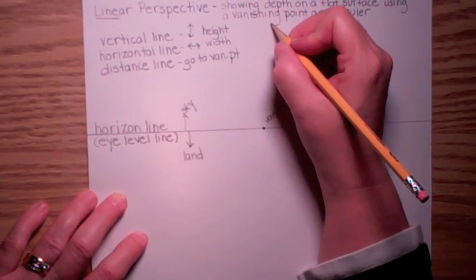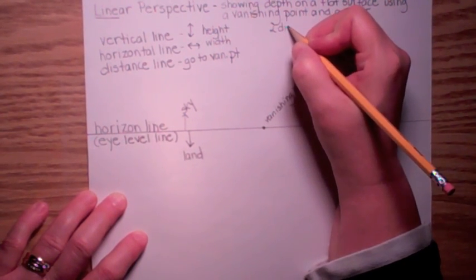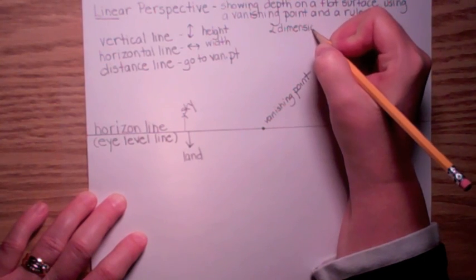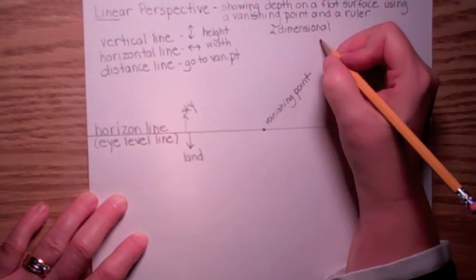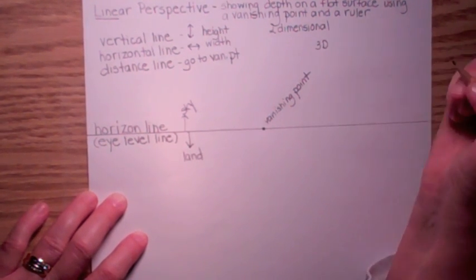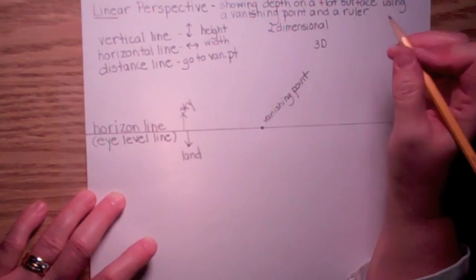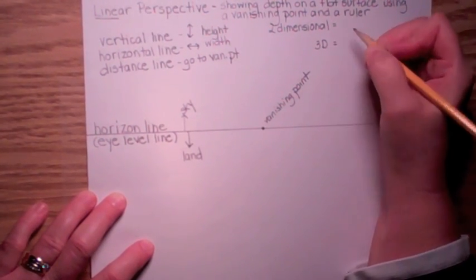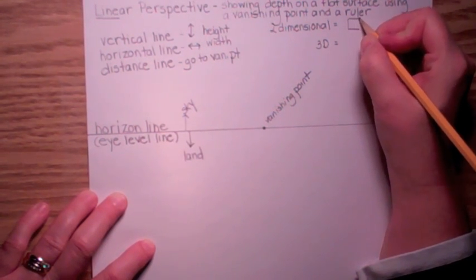Now, when we draw, we talk about 2 dimensions and 3 dimensions. Or 2-dimensional and 3-dimensional. And lots of times you just say 3D. Like when you go to the movies and you put those glasses on, 3D glasses. 2-dimensional always looks flat.